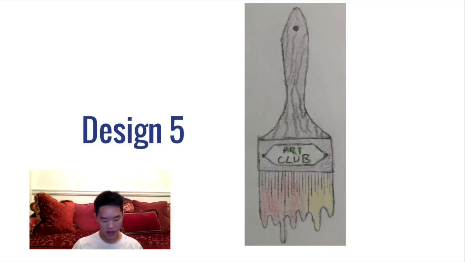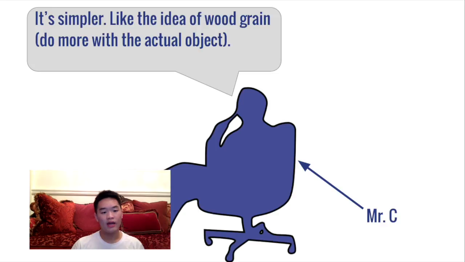Okay, so back to the design sketches. He ended up picking the brush design over the color tube. He didn't really provide me any specific reason why, but he believed that the brush logo has more capability of being put on different objects like T-shirts or advertisements.